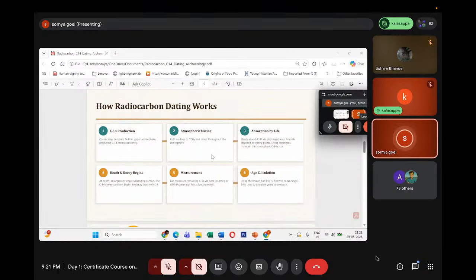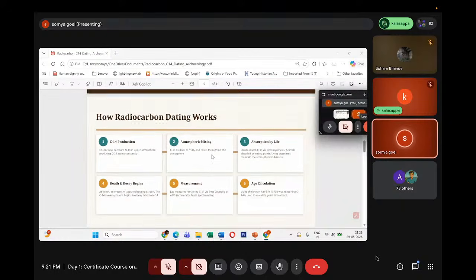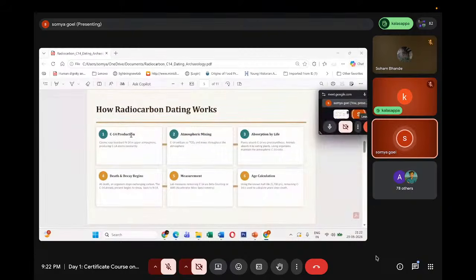Now, elaborating on these steps. The first step is carbon 14 production. As I said, cosmic rays bombard the atmosphere and react with the nitrogen 14 present there, producing carbon 14 atoms. This is a constant process that keeps on happening. Then we have atmospheric mixing.